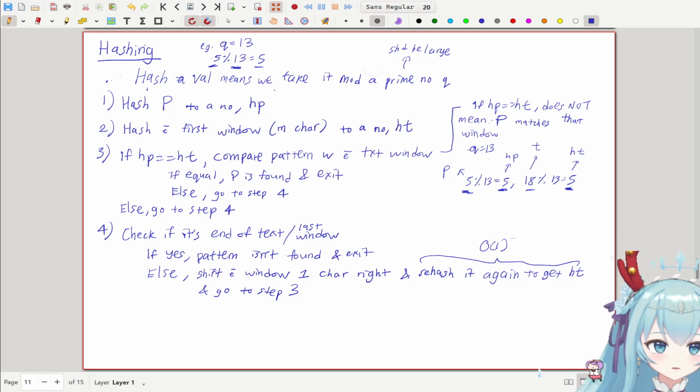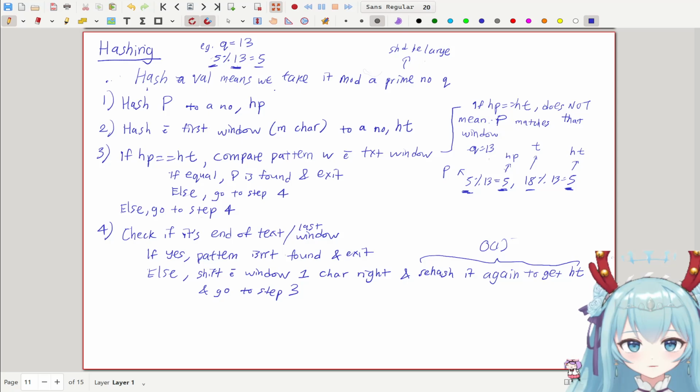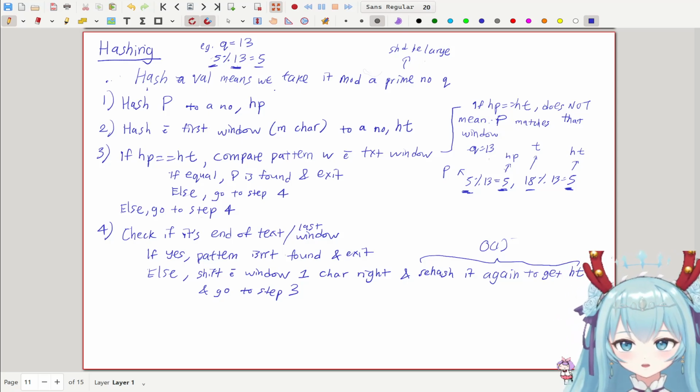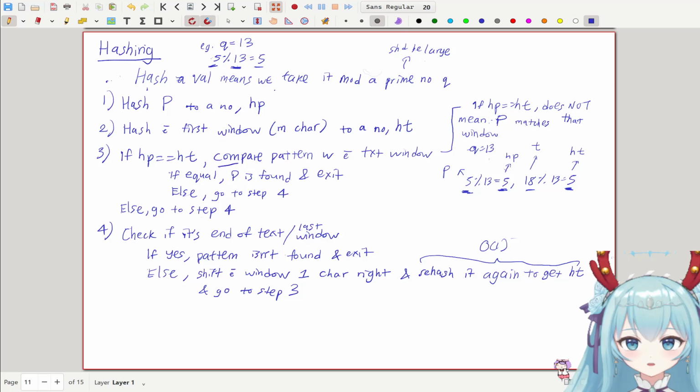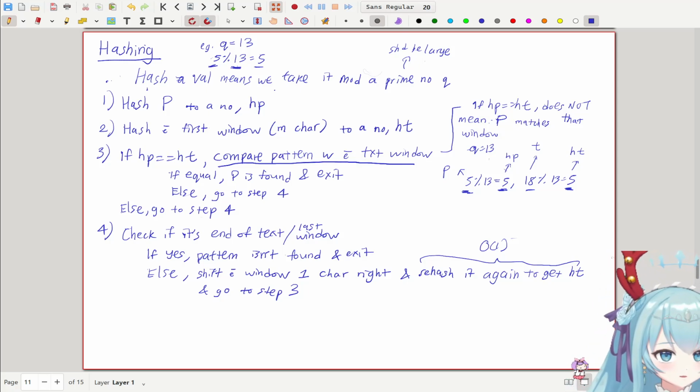Even though their hash values are the same, p is actually not equal to t, since 5 is not equal to 18. Which is why we need to compare the pattern with the text window one by one, like we did in the naive algorithm.